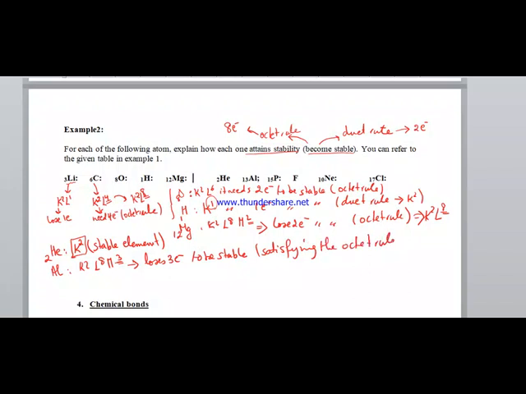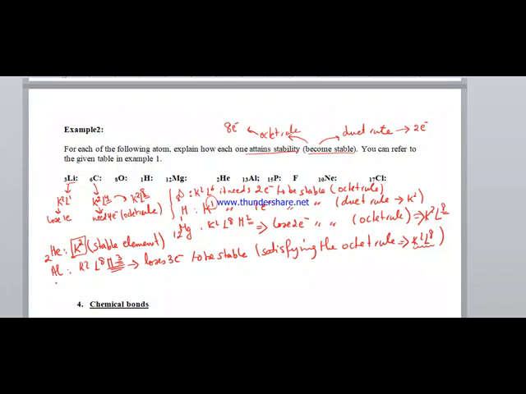By losing these three electrons, it will have a complete energy level, K2 and L8.